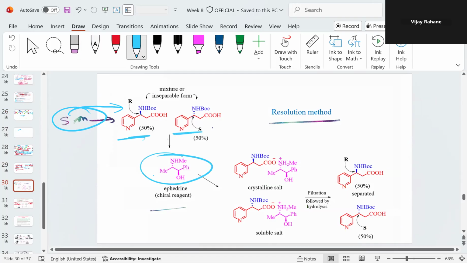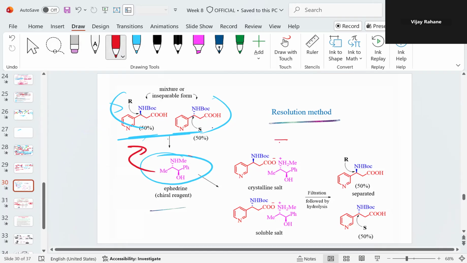If you add this reagent to the mixture, we get two different types of salts. This reagent reacts with the S isomers as well as the R isomers.